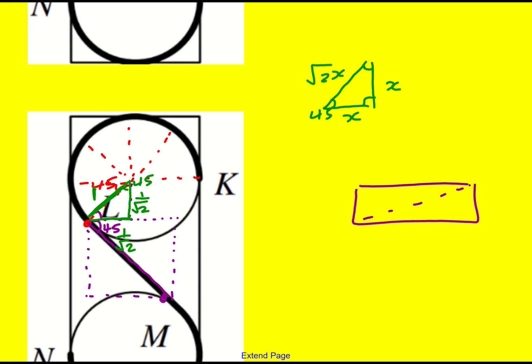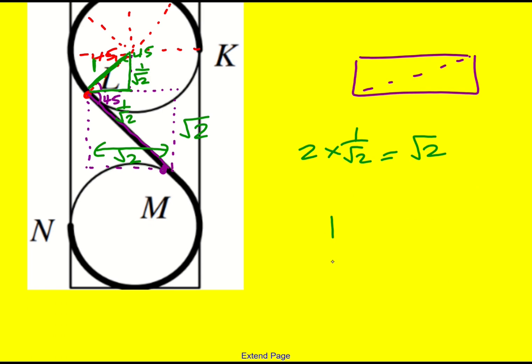You can apply Pythagoras to get that. So to go the other way, we just divide through by root 2, 1 over root 2, which means the sides of the square are going to be 2 times 1 over root 2, which actually simplifies to root 2. Hence the square has sides, length root 2.